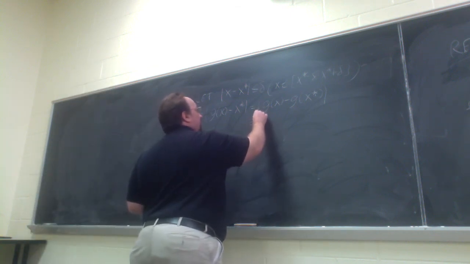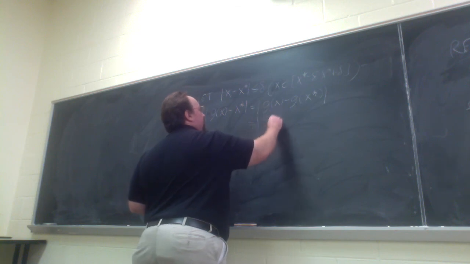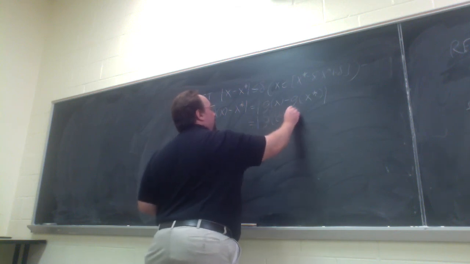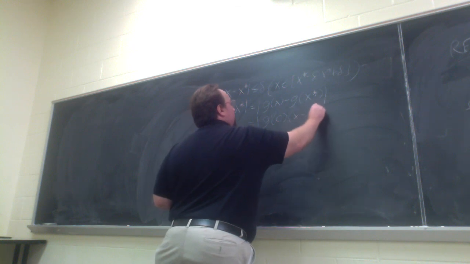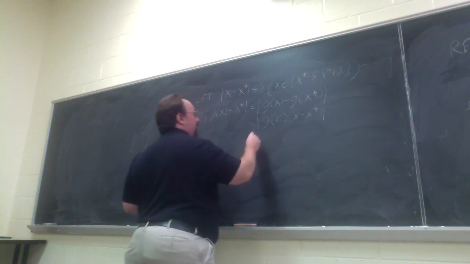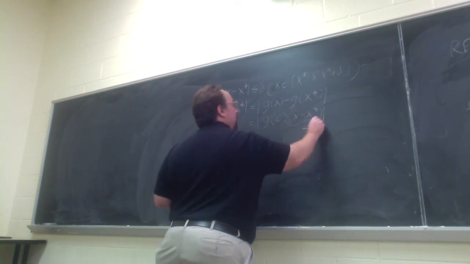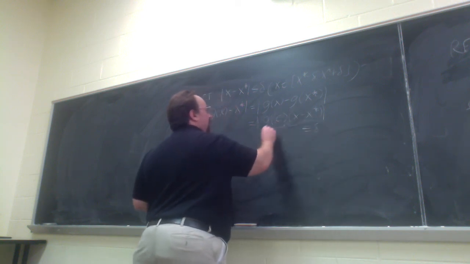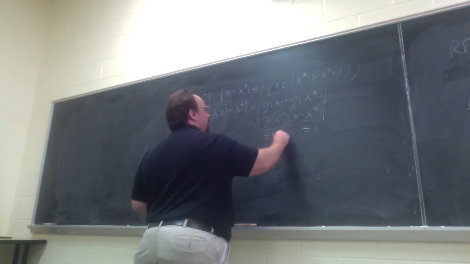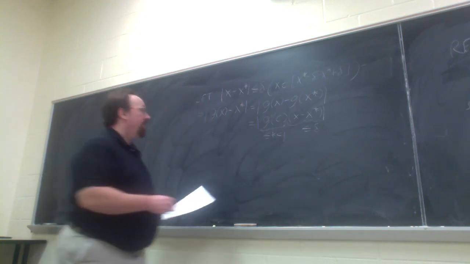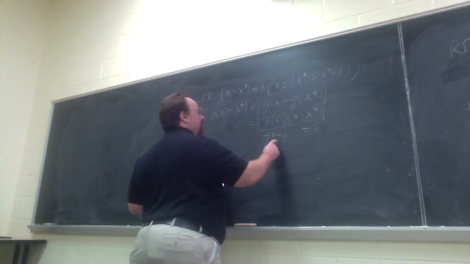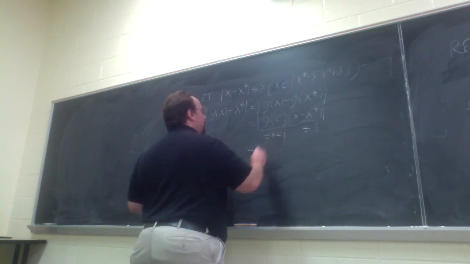This is equal to the absolute value of g prime of some unknown point, which I'll call c, times x minus x star. But this part is less than or equal to delta, and this part is less than or equal to k, which is less than 1. So as a result, this whole expression is less than delta.